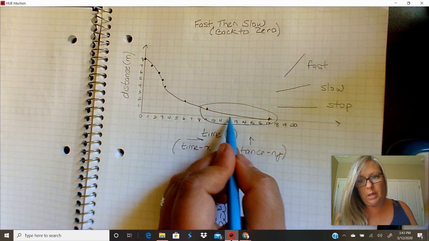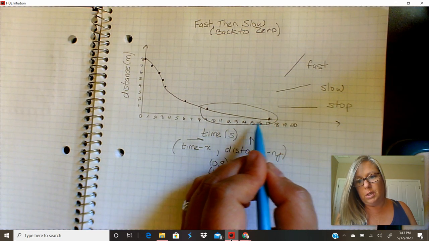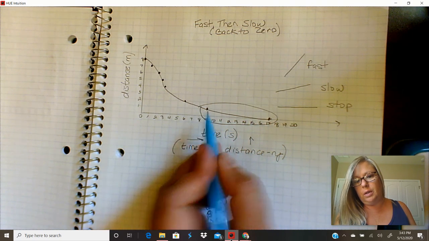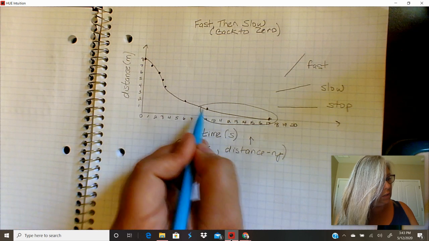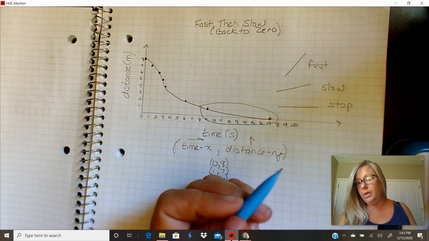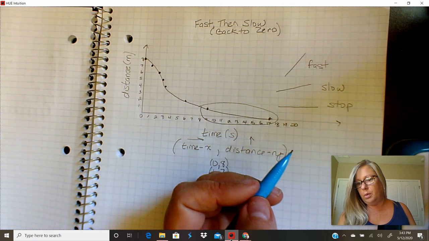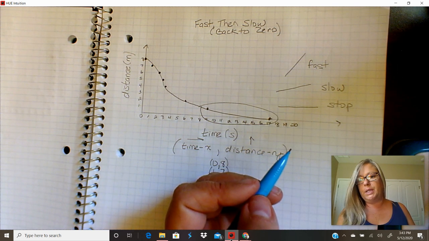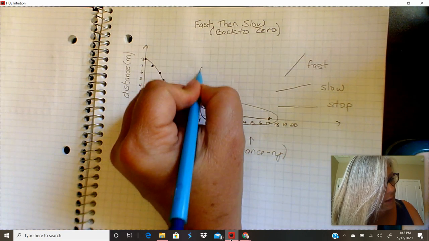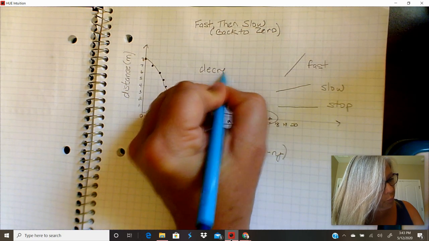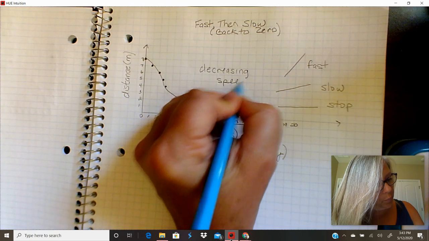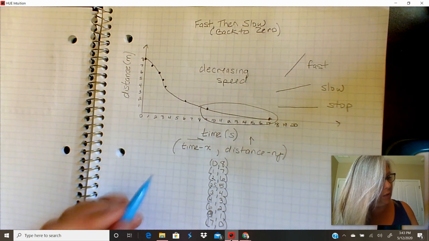And look, here it becomes almost horizontal. I was going so slow. So it's very clear that even though this part's a little wacky, I was coming to a stop and slowing way down. And when you look at the video, you saw that I was walking with the tiniest baby grandma steps ever. So for this graph, my speed is decreasing. Decreasing speed, and you can tell by looking at the back of the graph.